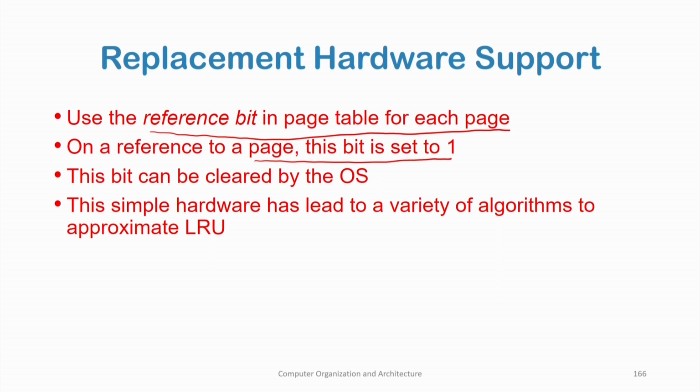Now, I have fixed-size time intervals. At the start of a time interval, I set the reference bits of all pages to 0, and then within that interval, every page that is referenced has its reference bit set to 1.